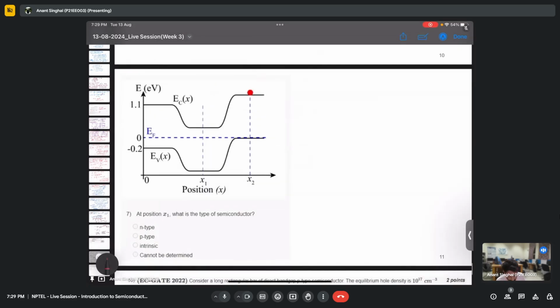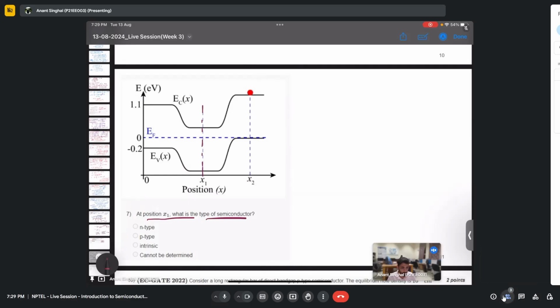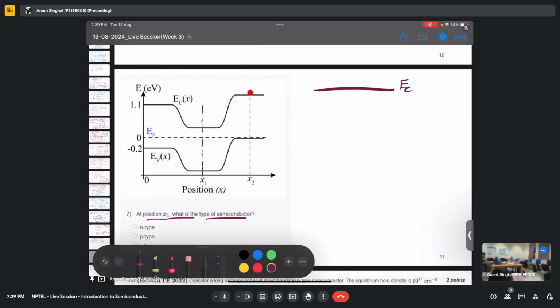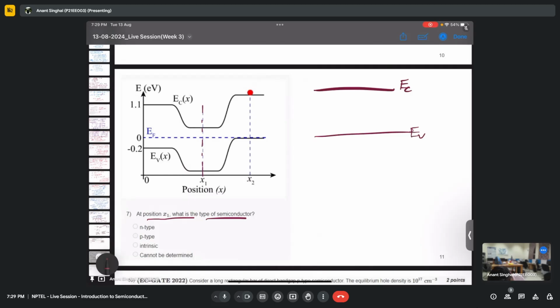So we have an energy band diagram given in the question. The question says, at the position x1, what is the type of semiconductor? x1 is this particular position. Let me darken it out. You can quickly tell what the type is because this is very easy. Let's say we have E_C, E_V, and some intrinsic level E_i.